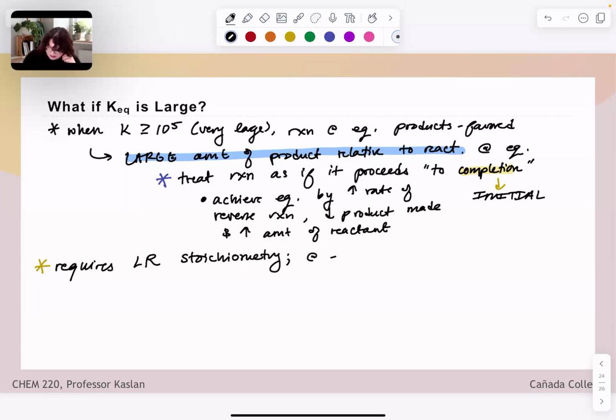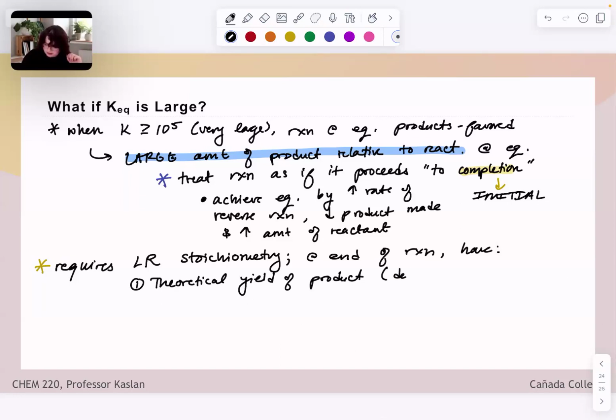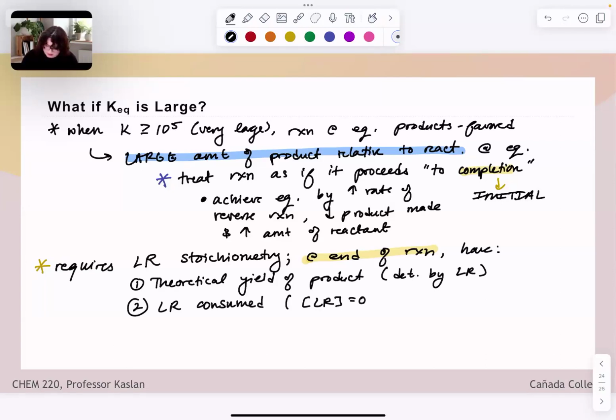Because at the end, quote unquote, of the reaction, we have a theoretical yield of product, which is determined purely by which of our reactants was the limiting reactant. We also know that at the end of reaction, what we're calling this completion state, the limiting reactant is completely consumed, meaning its concentration is equal to 0.